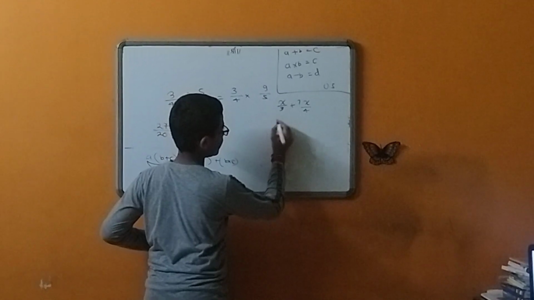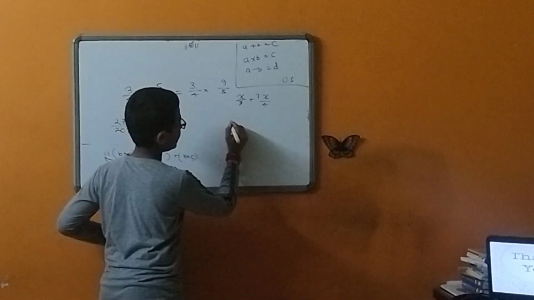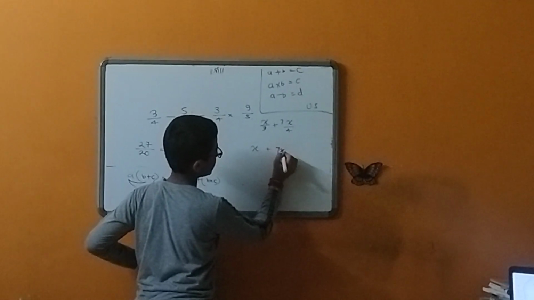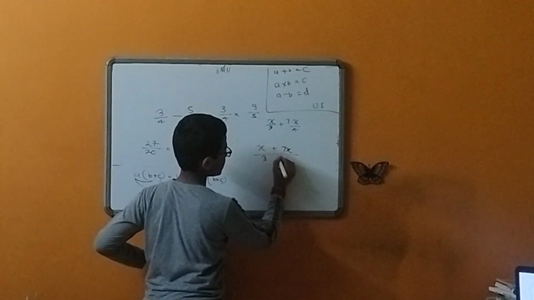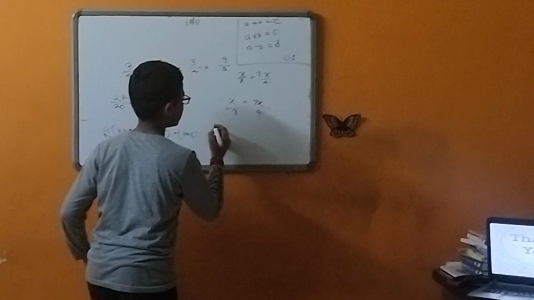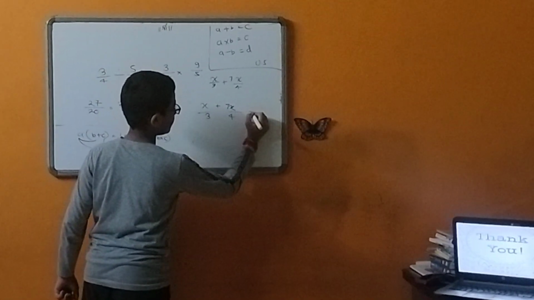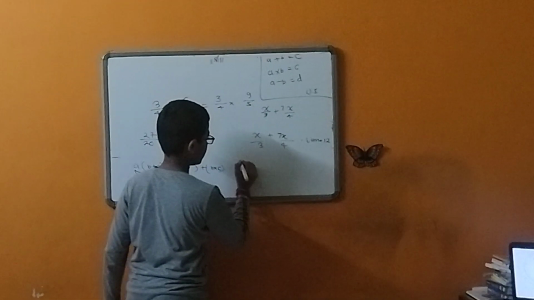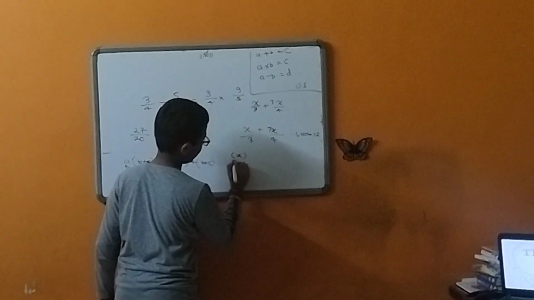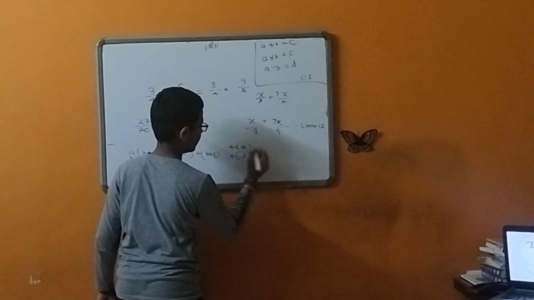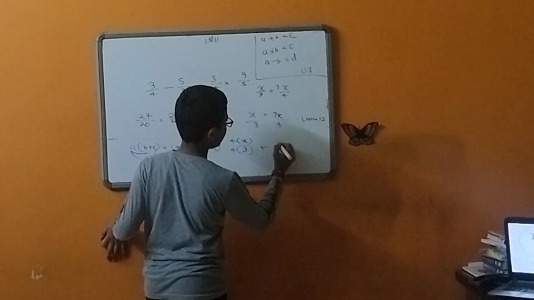We will first make the denominators equal, so x by 3 plus 7x by 4 is the expression. The LCM of 3 and 4 is 12. So if we multiply x by 4 and 3 by 4, we will get the denominator as 12.